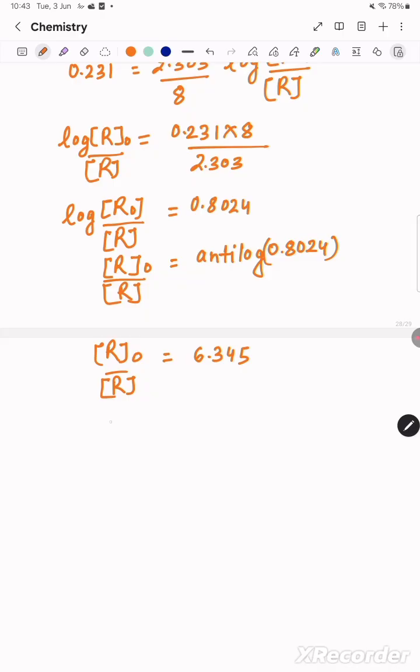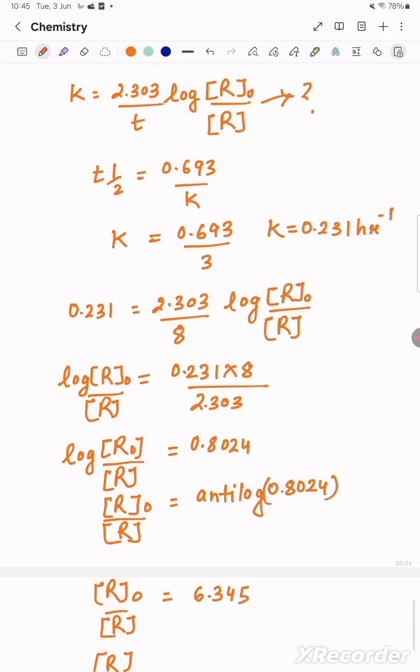So we have to calculate the fraction of molecule. Here the fraction of sucrose we have to calculate after 8 hours, as it is given. So here you see the equation.